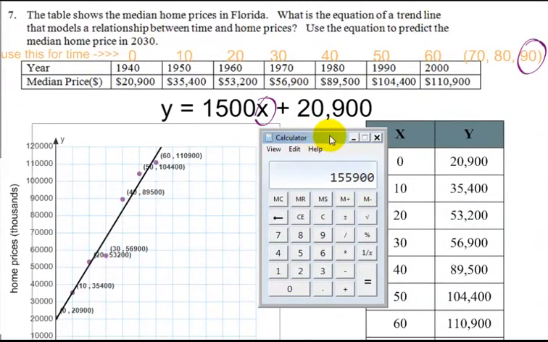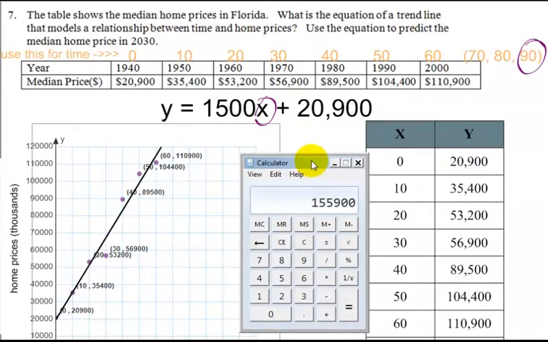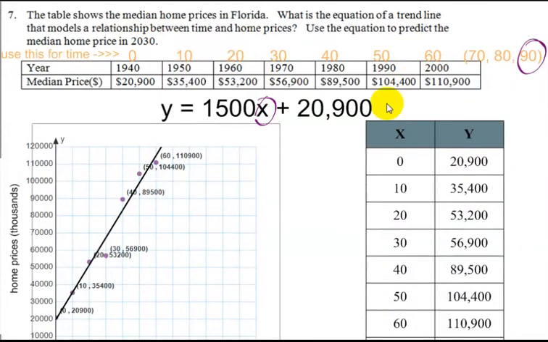So the median home price in 2030 will be 155,900. And that is your answer.